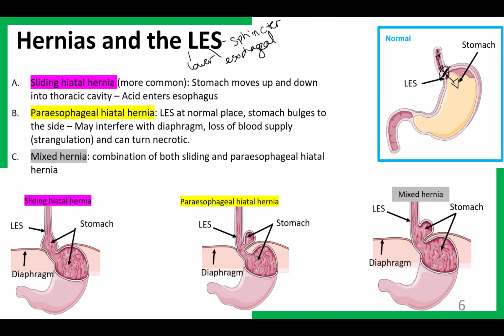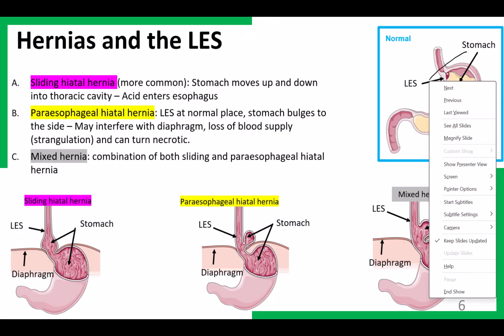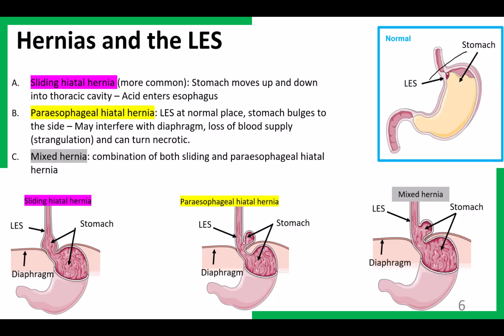The lower esophageal sphincter is a high pressure zone, again, to stop acidic contents of the stomach from going back up to the esophagus, right? When we look at the normal setting, the diaphragm is located just above the lower esophageal sphincter.